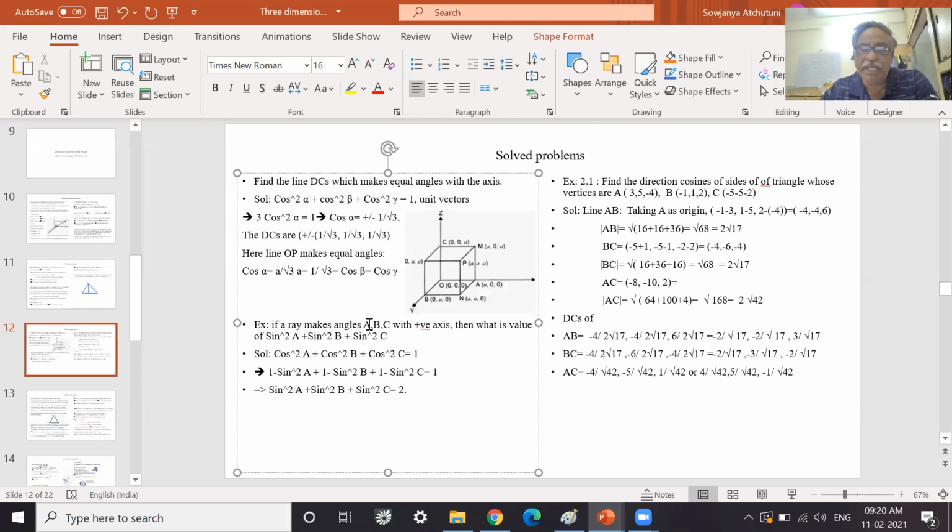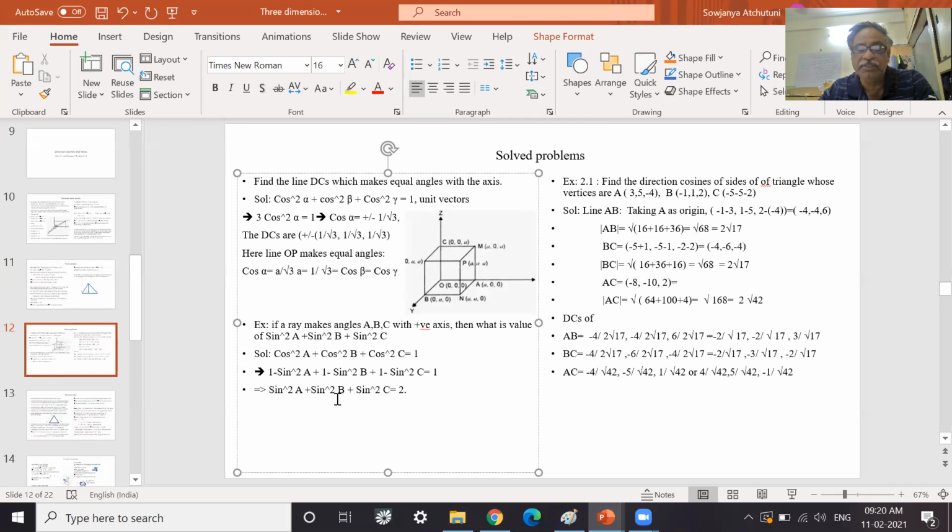Suppose a ray makes angles A, B, C with the positive x-axis; then what is the value of sin squared A plus sin squared B plus sin squared C? We know cos squared A plus cos squared B plus cos squared C is 1. So we put in the formula 1 minus sin squared A. So 3 minus, sin goes here, 1 comes to the other side, 3 minus 1 is 2.